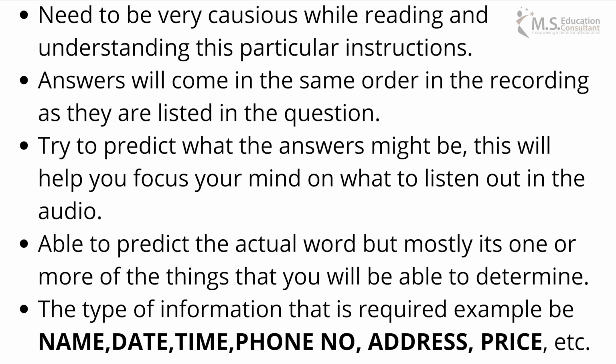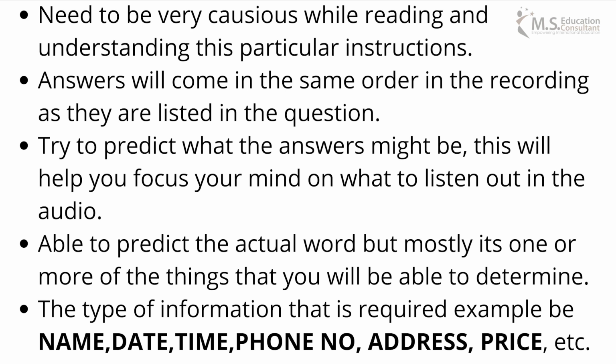Try to predict what the answers might be. This will help you focus your mind on what to listen out for in the audio. Occasionally, you will be able to predict the actual word, but mostly it's one or more of these things that you will be able to determine.